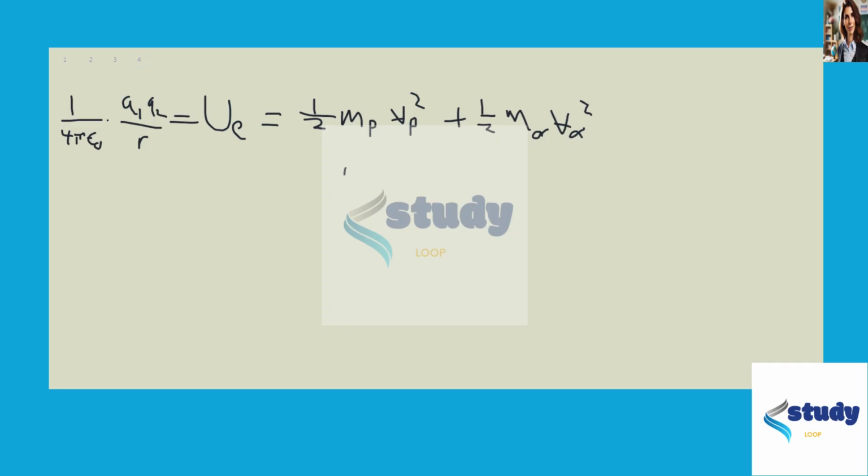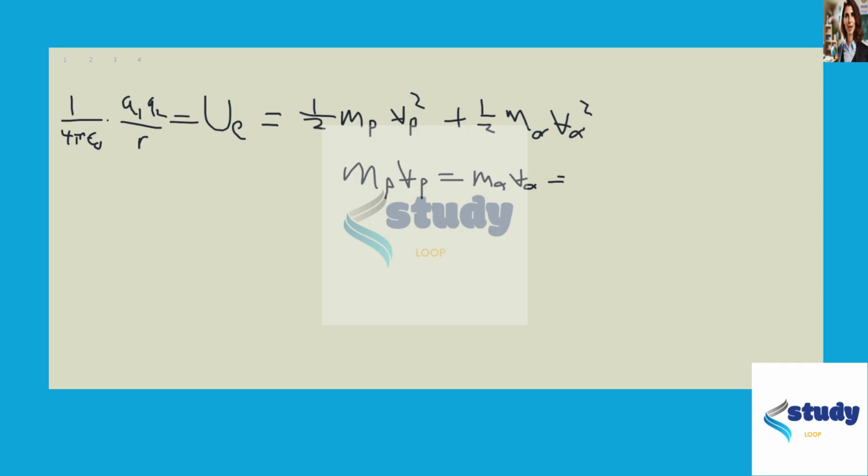So that means that the mass of the proton times the velocity of the proton has to equal the mass of the alpha particle times the velocity of the alpha particle at all times, but also when they're at infinity, which is when we care about. So there could be a negative sign on one of these, but I'm going to treat these two velocities as just speeds, as the absolute value of the velocity. So with this, we have two different equations and two unknowns, so we should be able to solve this.